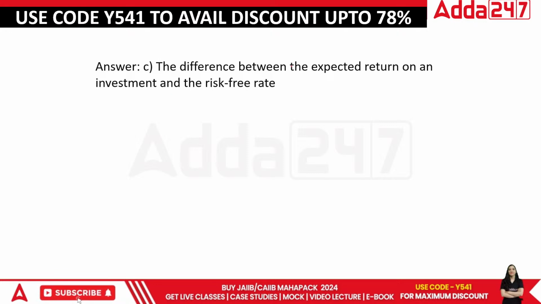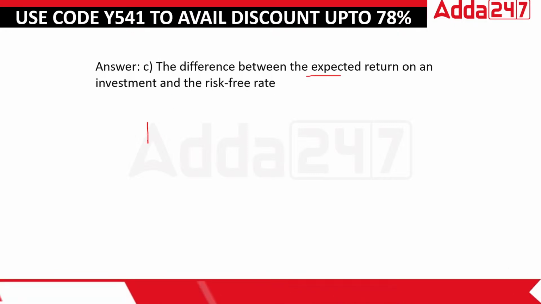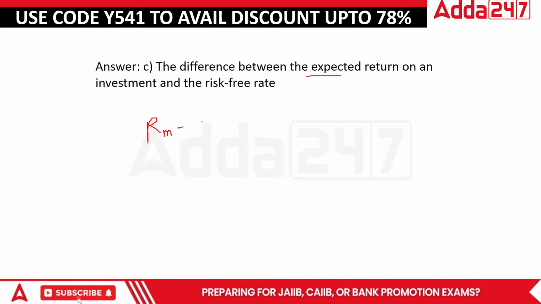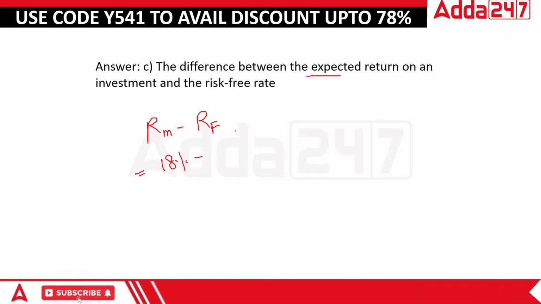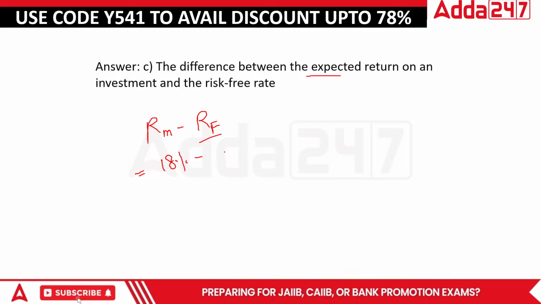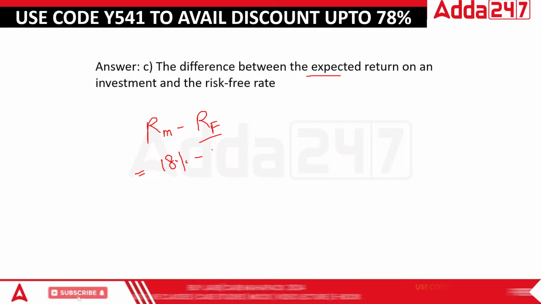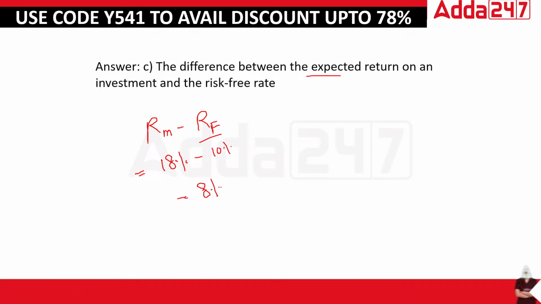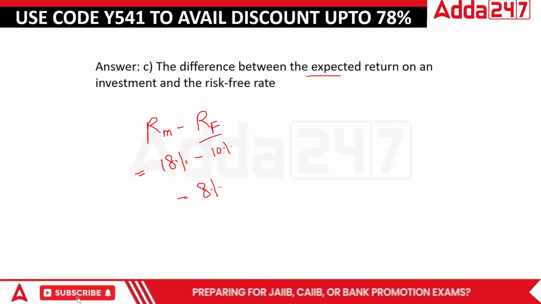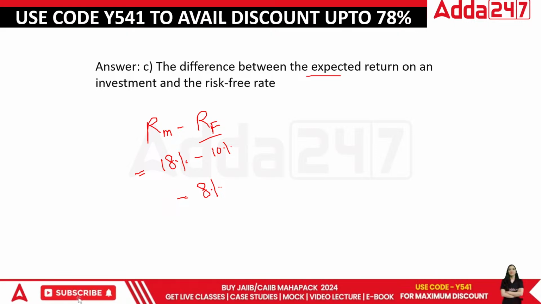In this case, the answer is the difference between the return of the market minus the risk-free rate. That means if the rate of return is currently 18%, out of it the risk-free part, where no risk is involved, is 10%. So if I take a risk, then I'm getting 8%. If I take a risk, then what would be the charges?